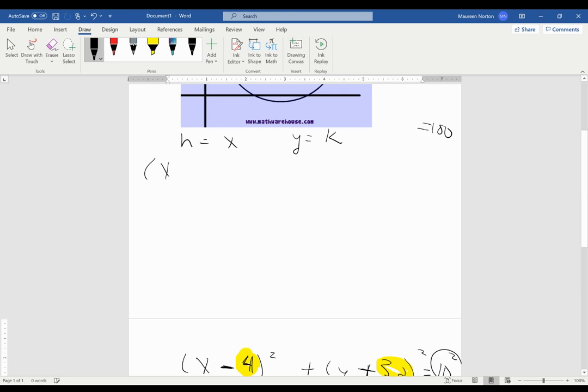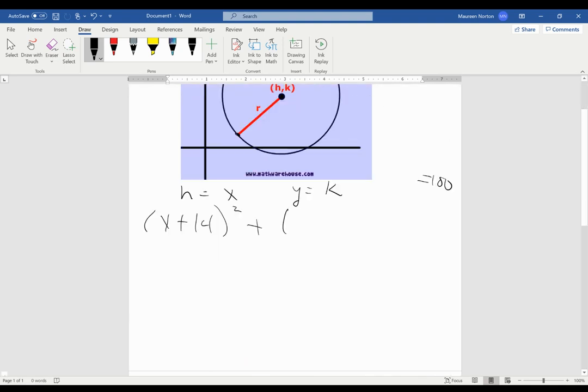So we have (X plus 14) squared plus (Y minus 27) squared is equal to 45. What is the center? The center is the opposite of 14, so H is negative 14, and the opposite of 27, because it's subtracting, so Y is a positive 27.